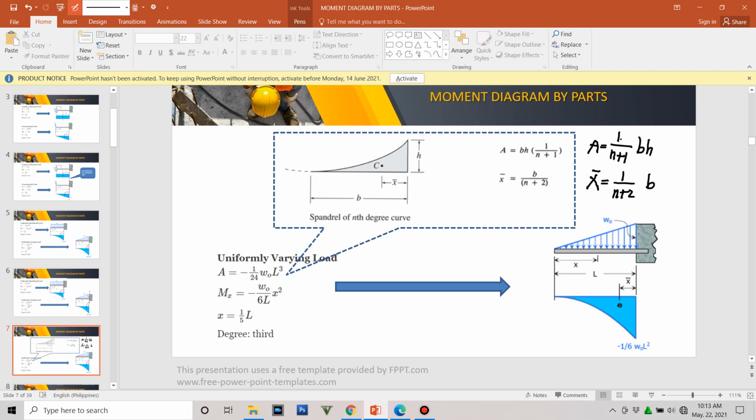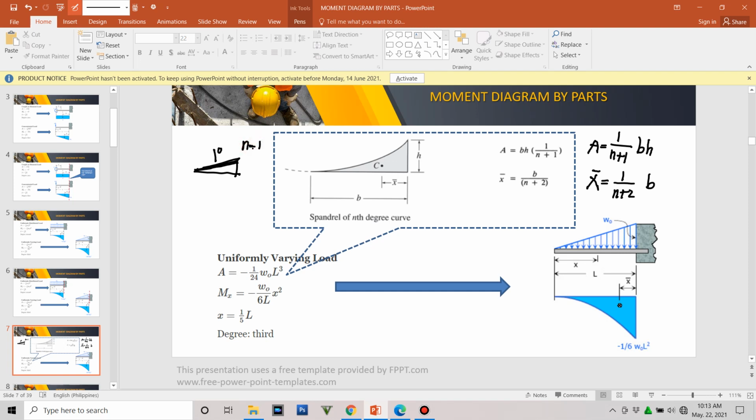Ngayon, kapag merong kang triangle, ano yung triangle? Triangle is a straight line, di ba? So, this is a first degree. First degree yung kanyang hypotenuse, so meaning, yung n mo is equal to 1 for the triangle.